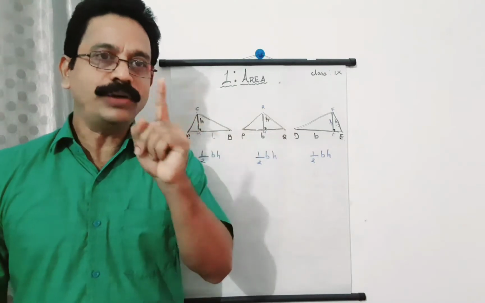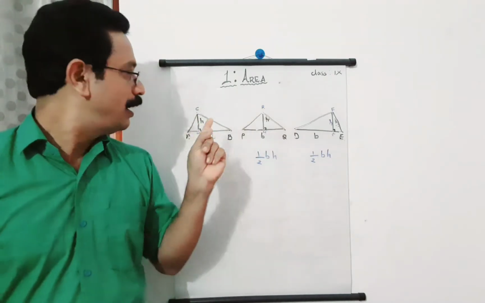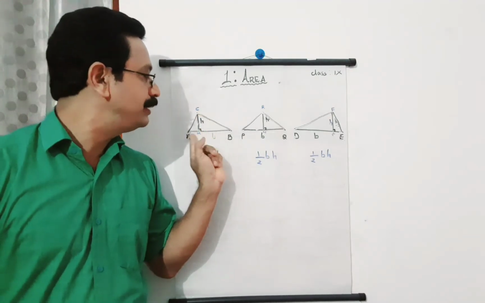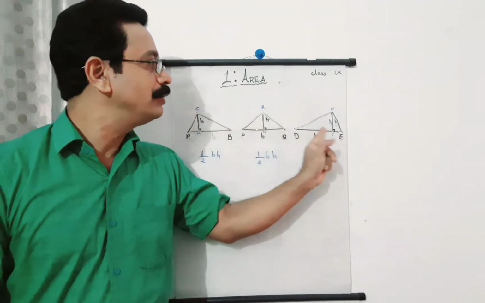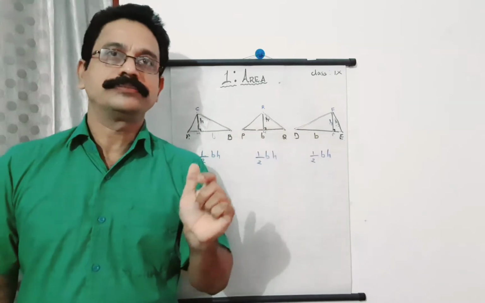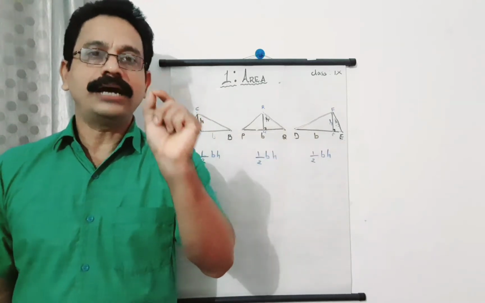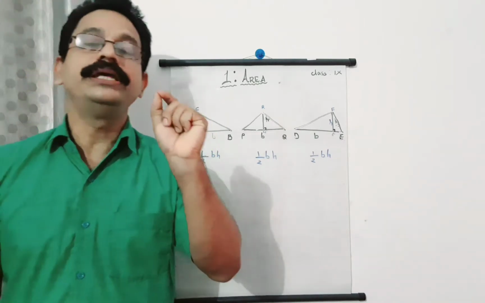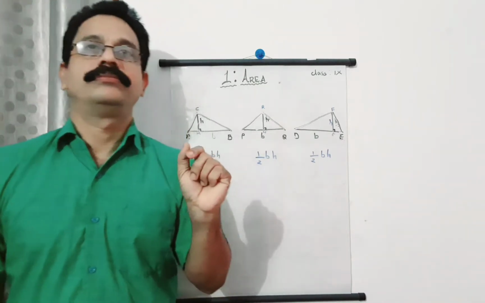But you can see one thing, it is that height from opposite vertex to the base is common to all these triangles. That is, triangles having same base and height are of equal area.